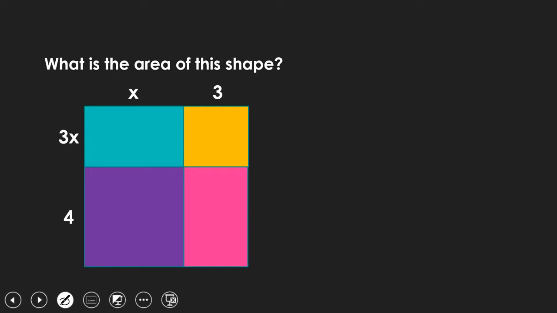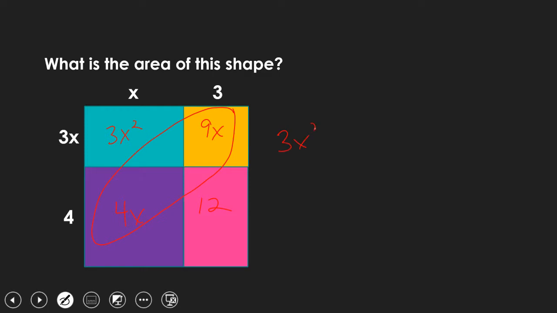Same kind of thing here. We have 4 rectangles. 3x times x is 3x squared. 3x times 3 is 9x. 4 times x, and 4 times 3. Now, the thing you might notice here, though, we do have some like terms where we can add.